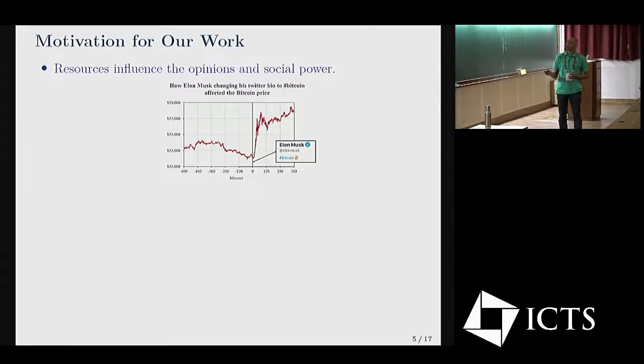And that led to the Bitcoin price shooting up in a very short span of time. So this suggests that given that Elon Musk has such vast resources, in particular wealth, and he is expressing interest in Bitcoin, that could have led to many people believing that the Bitcoin price would rise, because if he's putting in money, and he'll probably put in a lot of money, that could result in a price rise. So that is one way resources could influence opinions in a social network.